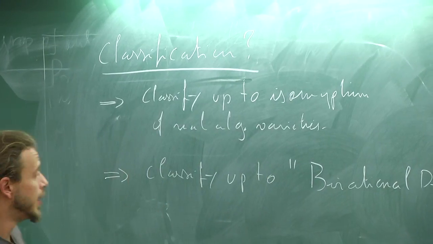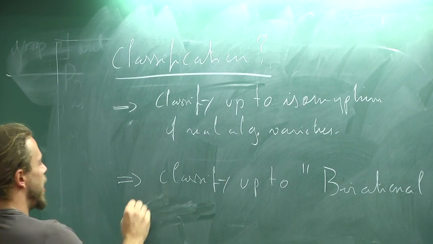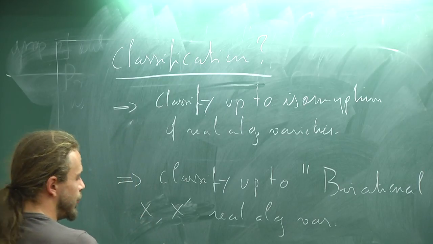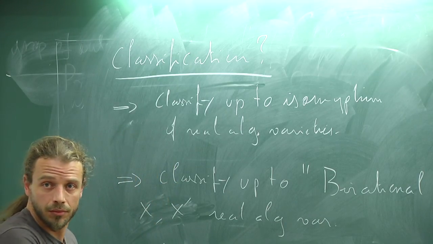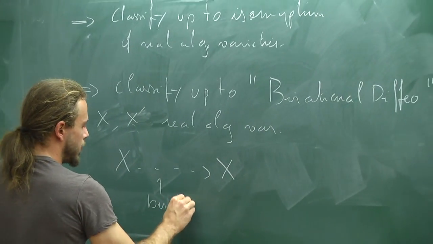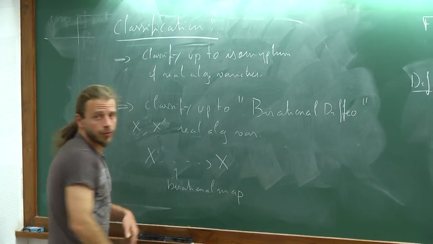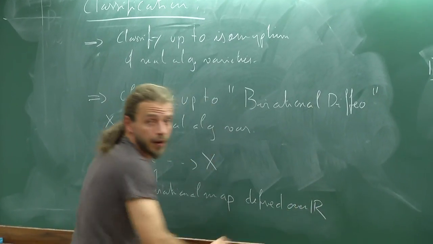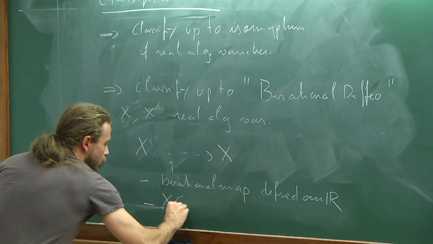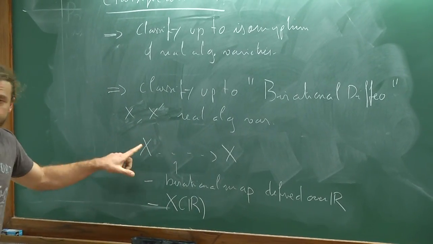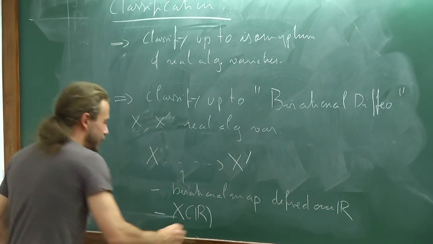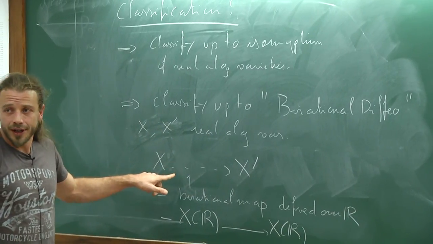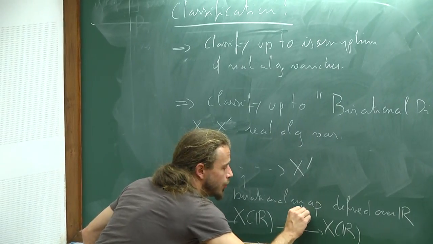So what does it mean? Suppose you have X and X prime, real algebraic varieties, then a birational diffeomorphism is a map of real algebraic varieties, which means that it is defined over R, and such that it is defined at every real point of X, and the induced map between the real points is a diffeomorphism.